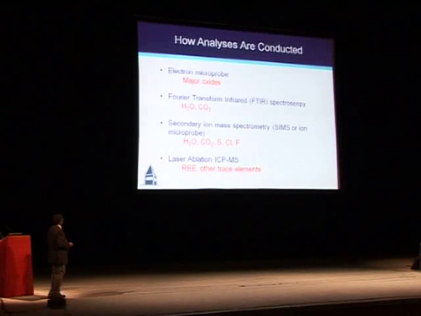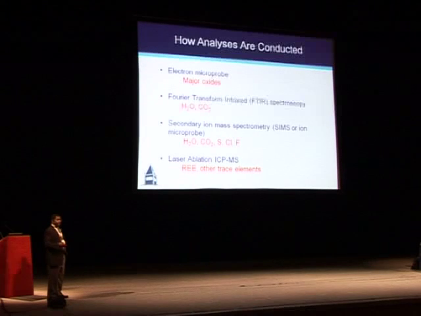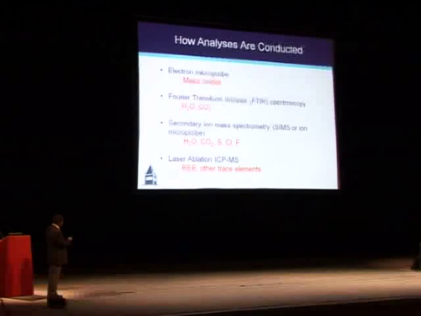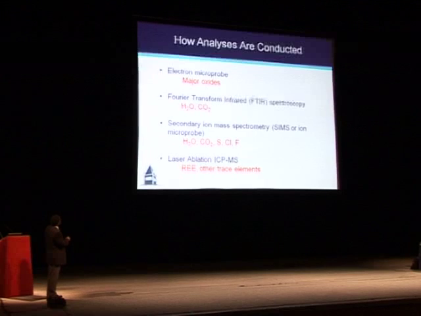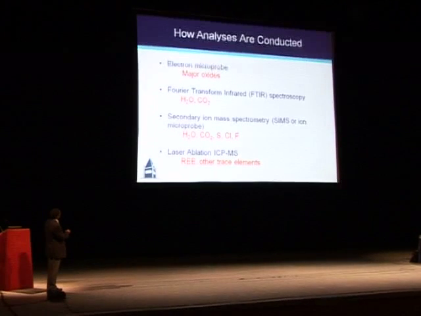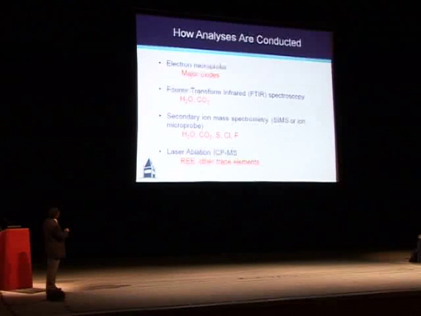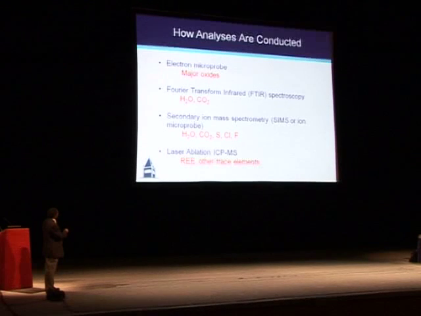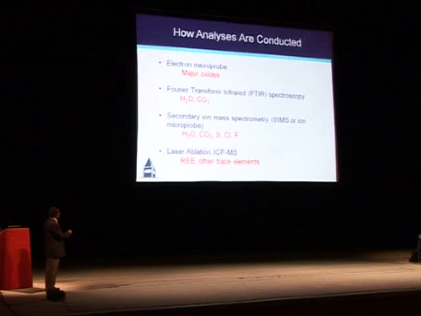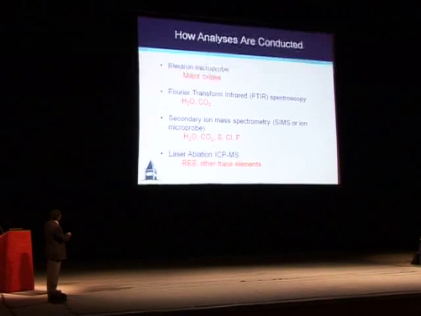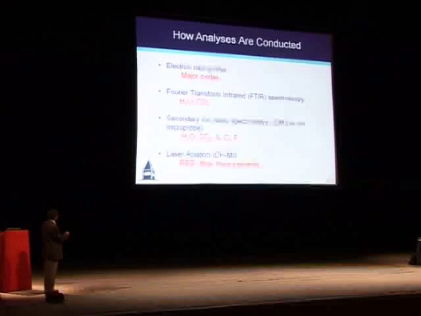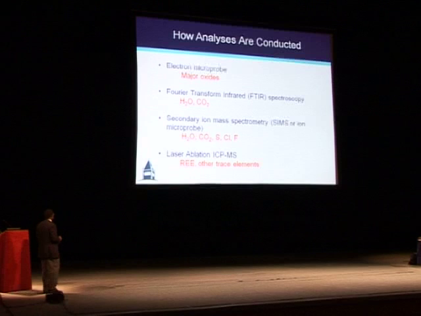Very quickly, let me point out that once the homogenization has been done, we measure major oxides to get the melt inclusion composition using electron microprobes, and we get volatiles using a couple of different methods. We can use FTIR, and we can also use secondary ionization mass spectrometry to get these 5 different volatiles.